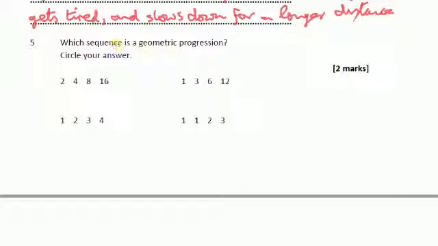5. Which sequence is a geometric progression? Circle your answer. So, geometric progression numbers have a common ratio between two terms. So it means that we always multiply by the same number from one term to the next. Like from 1 to 3, I'm multiplying by 3, but from 3 to 6, I'm multiplying by 2.